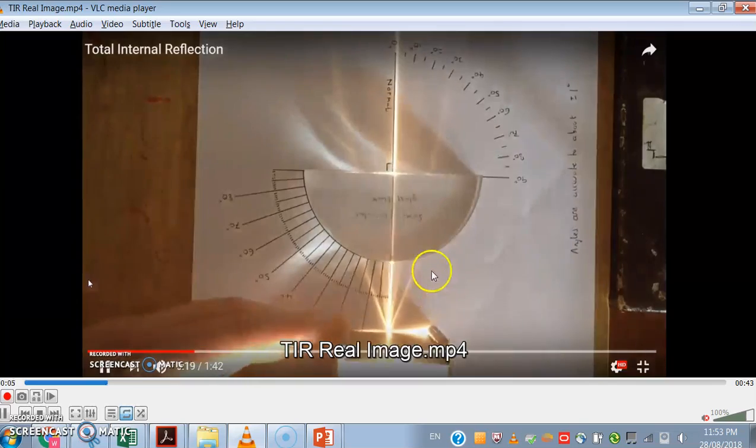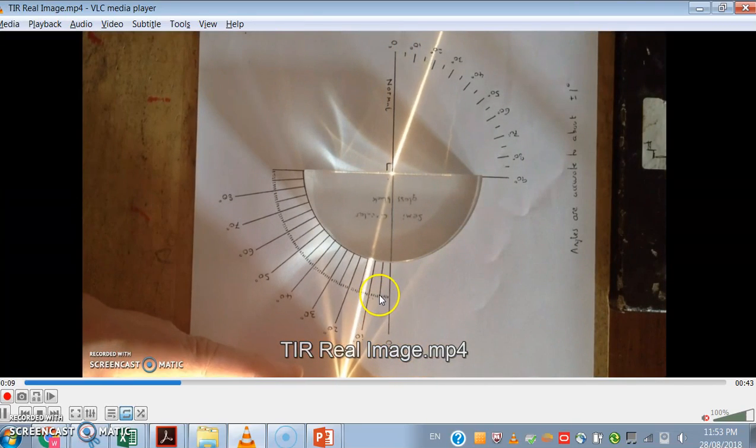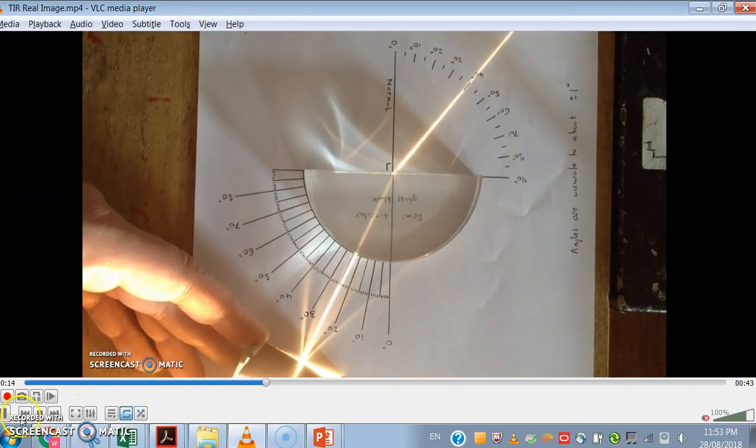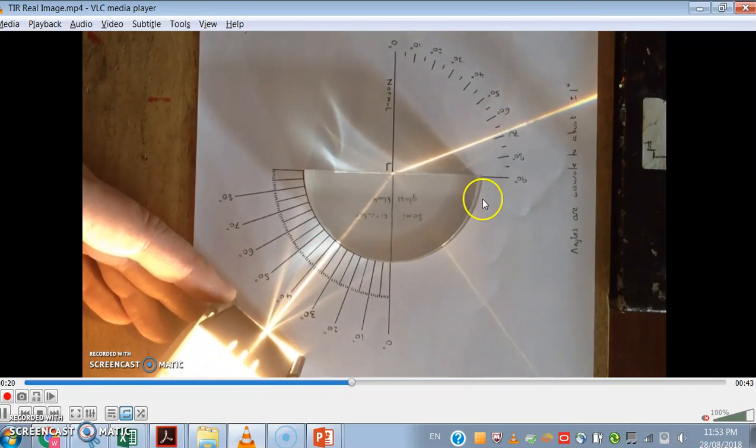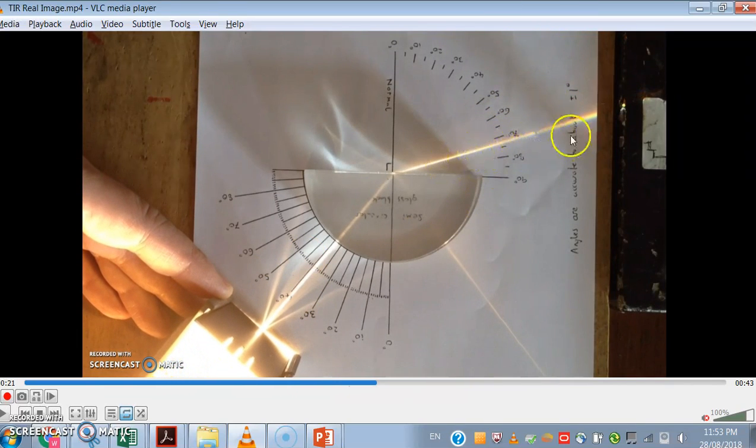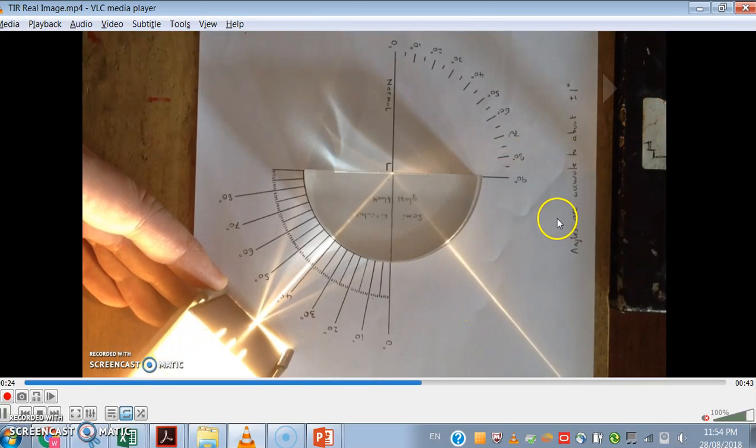One more time, just to show you: as my angle of incidence increases, my refracted ray gets a little bit dimmer, and this one actually starts getting a little bit brighter. There's actually a very light reflected ray. Let it go on a little bit more, and boom.